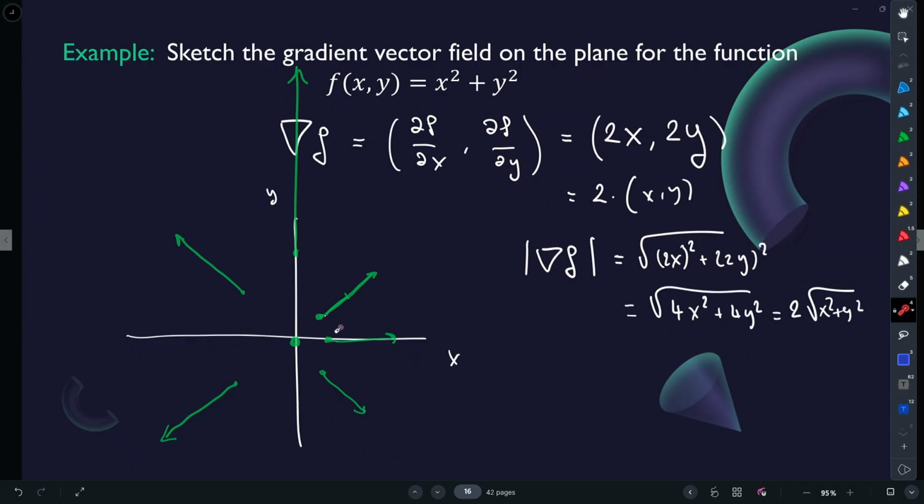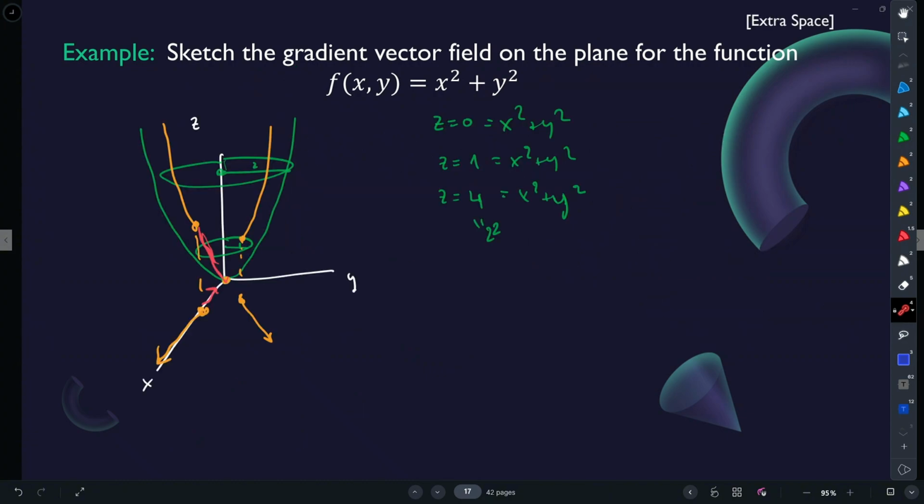And this tells me that if I am here and I move in this direction, the values of the function will increase the fastest. If I don't listen and I go instead in this direction, then I'm not going to increase at all. Okay?